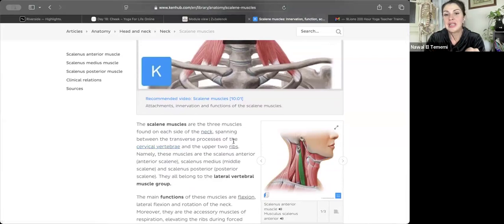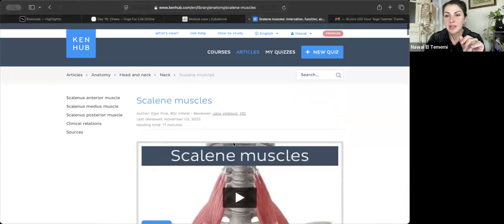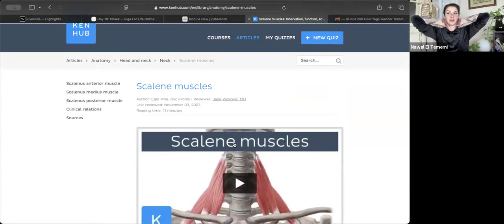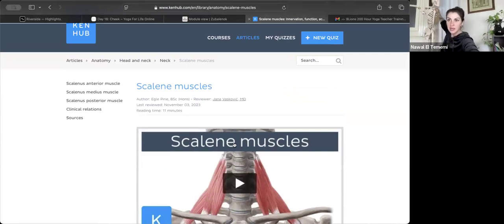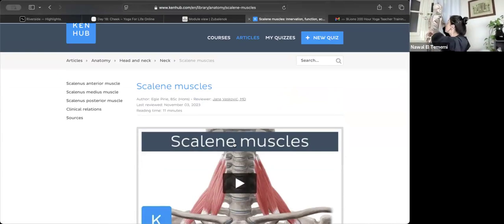So they go between the cervical vertebrae. So if we're going up the cervical vertebrae, our next vertebrae, I don't know if you can see, the skeleton is too high. Oh, there we go. So our cervical vertebrae, these guys, and then they have the little spinous process, that's the tip of the vertebrae.